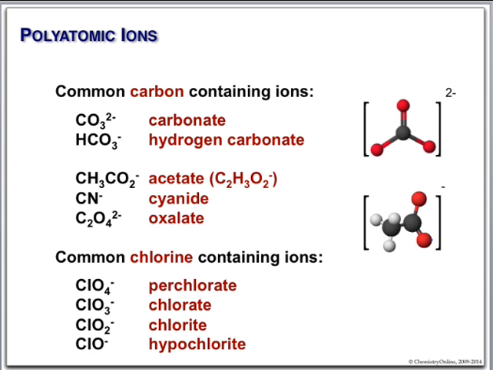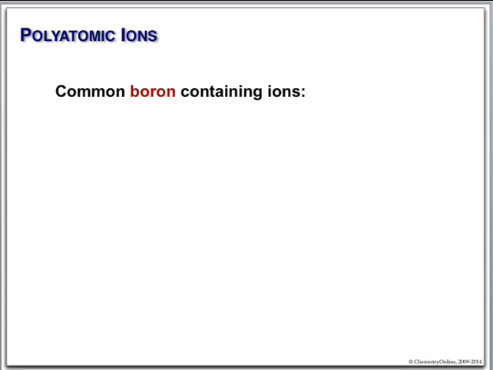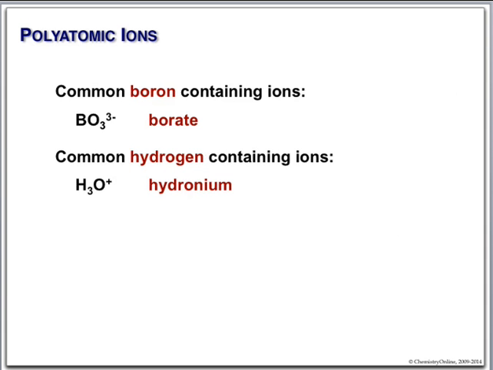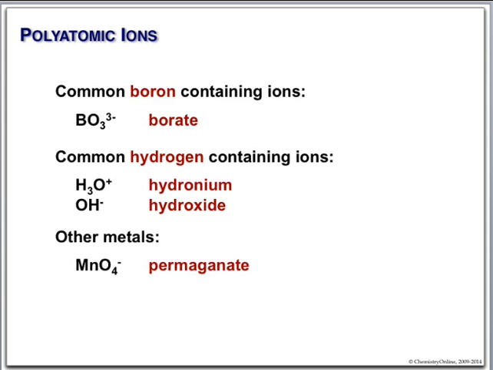Take two away, we get hypochlorite. Boron, we're going to do borate. No children. And when we do acids and bases, hydronium and hydroxide are actually polyatomics as well. These guys you probably don't need to know for the exam. Any questions?